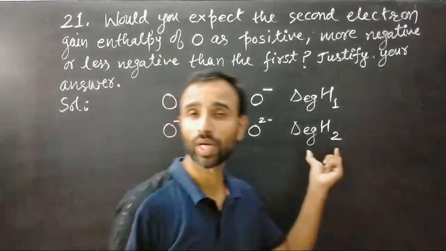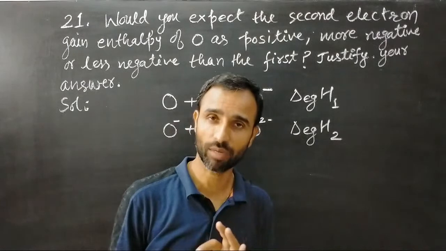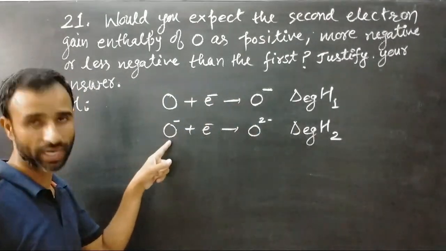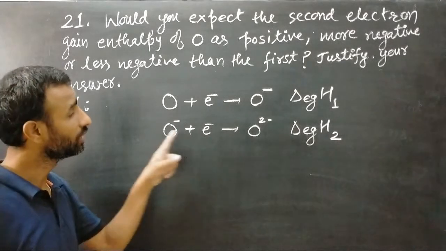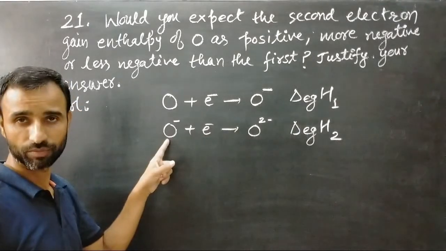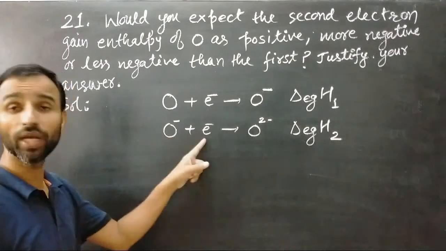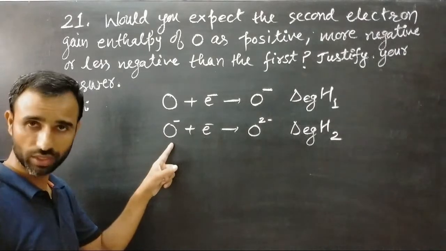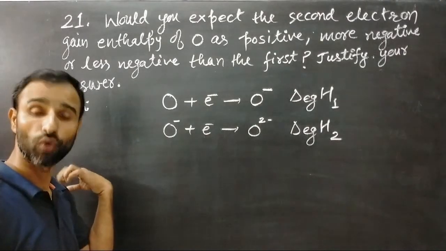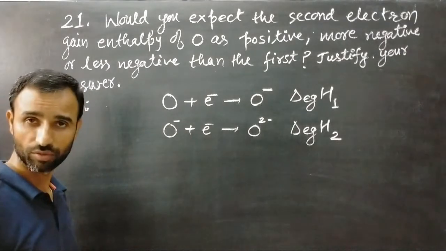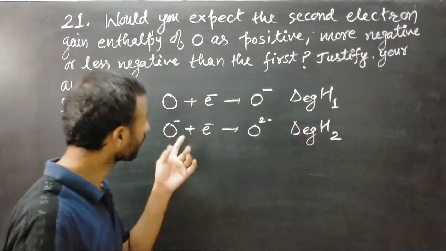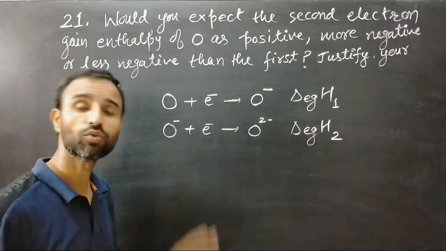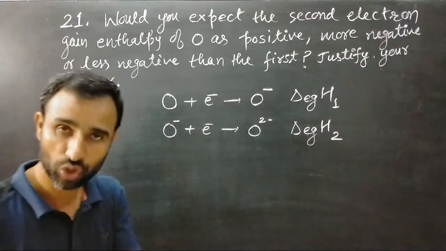In the second electron gain enthalpy, the electron is added to an already formed anion. That's why there is repulsion. The added electron feels repulsion from the negatively charged oxygen, so we have to do work against repulsive forces to add the second electron. That's why energy is always absorbed.